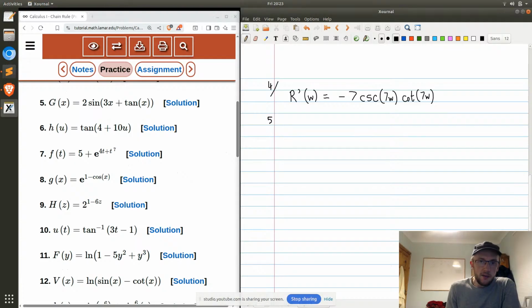Problem 5. g of x is 2 sine of 3x plus tan x. That surely is a case of the chain rule, isn't it?